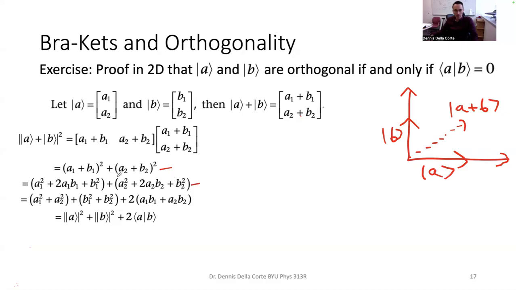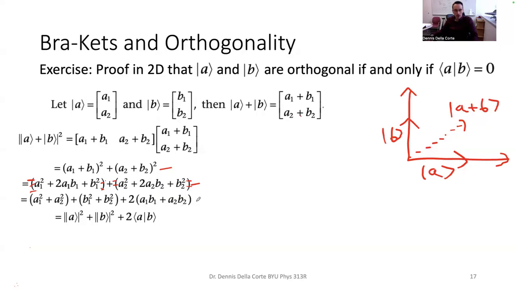No magic happened yet. Now we just rearrange terms a bit. We have here A1 square and here A2 square. You don't need these parentheses when you have a sum. There's no reason to write these out, so you can just drop them and then rearrange the terms. We rearrange them so the square terms are here for A1 and A2, the B1 and B2 terms are here, and then everything else is being collected here.